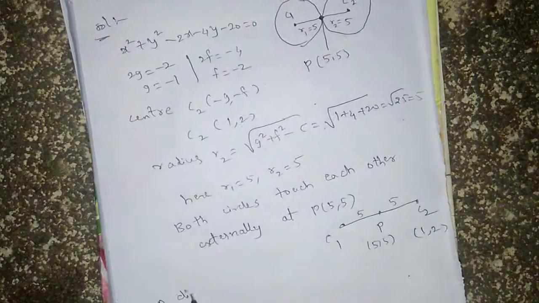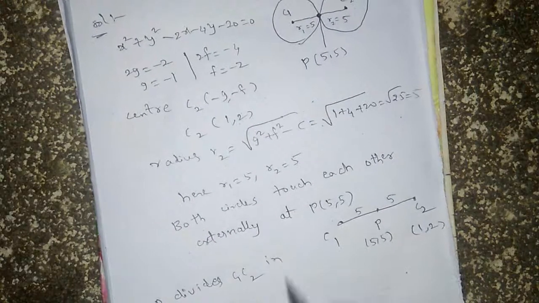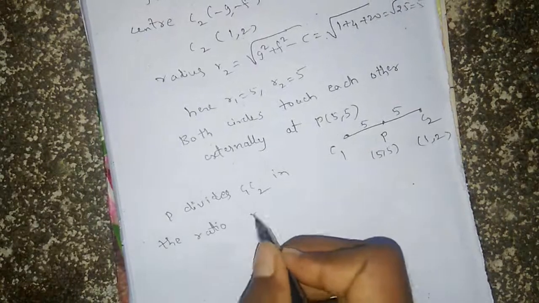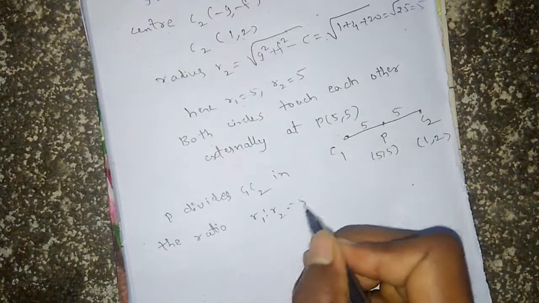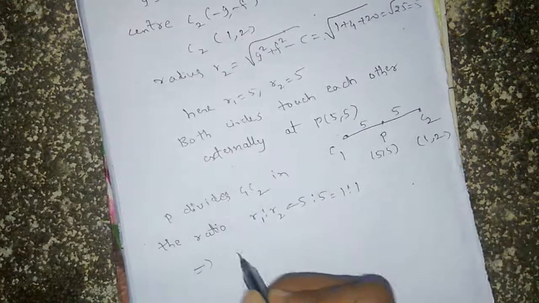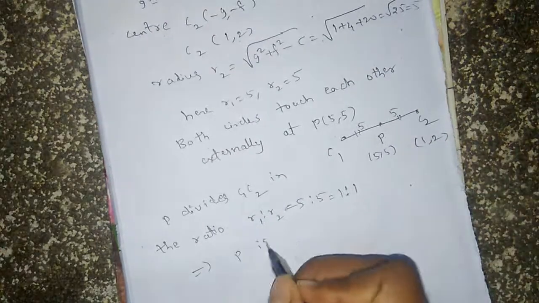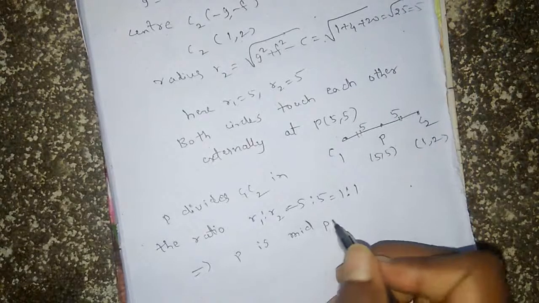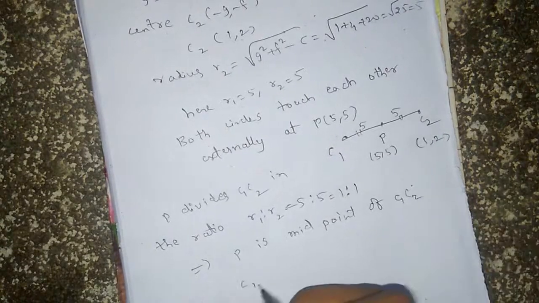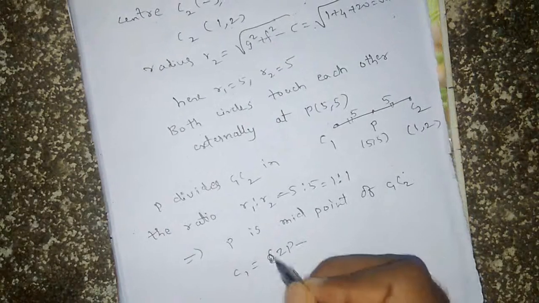Here P divides C1 C2 in the ratio R1 is to R2, that is 5 is to 5, that is 1 is to 1. 1 is to 1 means equal ratio, implies P is midpoint of C1 C2, implies C1 is equal to 2P minus C2.